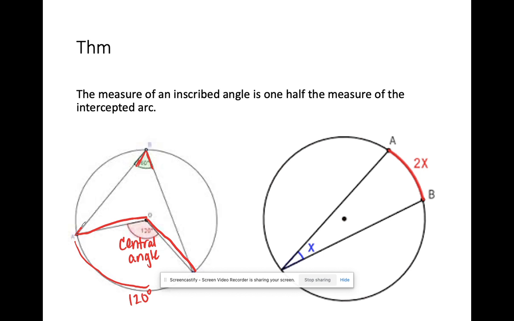The intercepted arc, the inscribed angle that corresponds with that intercepted arc, so this angle back here, is going to be half of that arc measure of 120 degrees. So it'll be a 60-degree angle there. So in this circle over here on the right, just showing that relationship in general, you have that inscribed angle of x, and then the intercepted arc on the outside edge of the circle is going to be twice that amount.